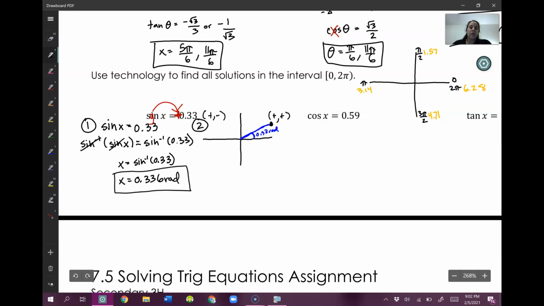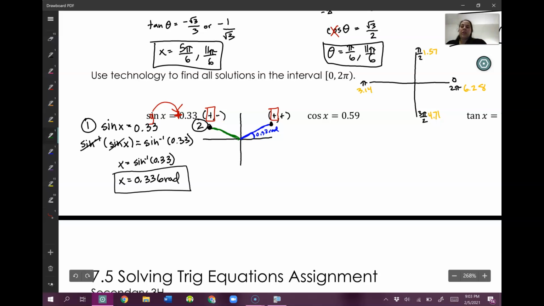The y values are also positive. So that means we have this other angle right here, and this point is going to have the same y value because of that reflection thing.